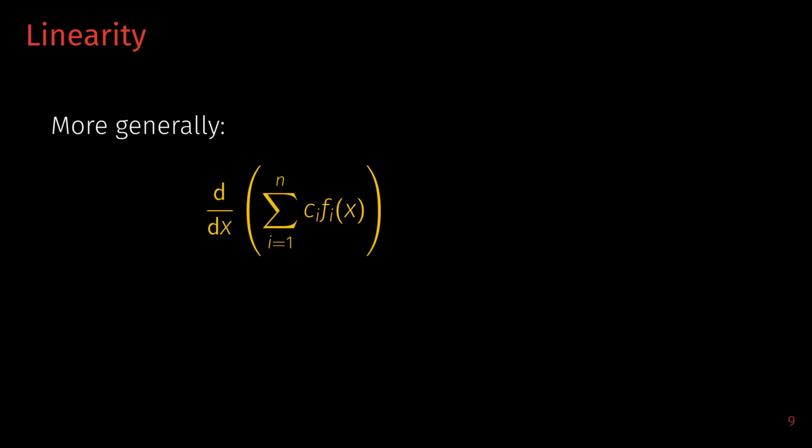More generally, if we take any number of functions and add them together, each with a scaled factor, we have a derivative of a linear combination of a number of functions, and we can express that as a linear combination of the derivatives of those functions.